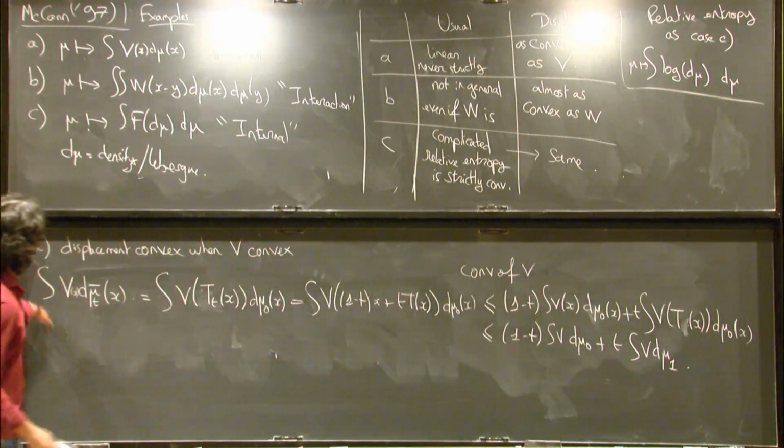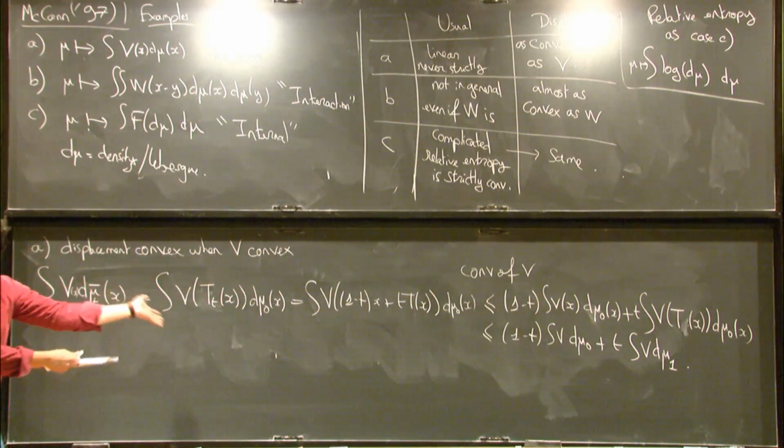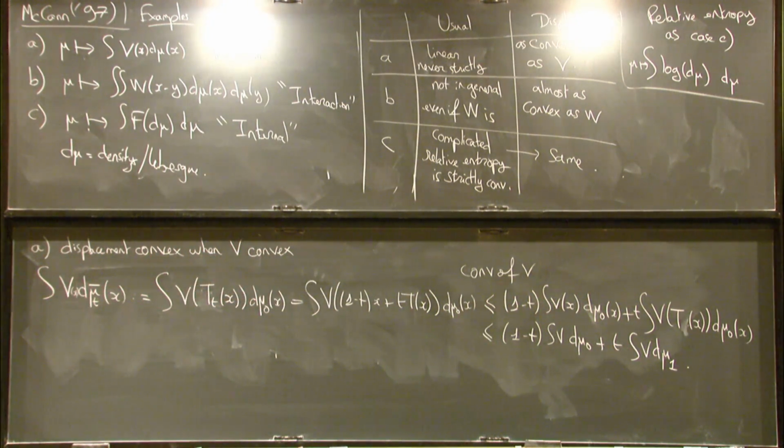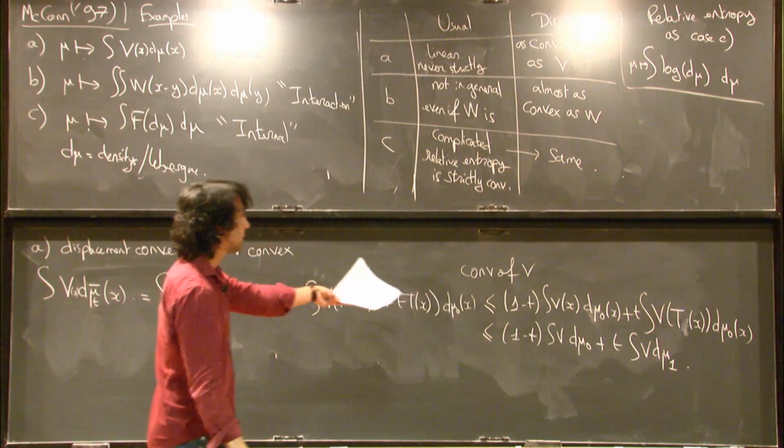Great. If you want to prove that B is displacement convex if W is convex, exactly the same proof. Okay, very elementary, I agree. You could ask, when is that strict?